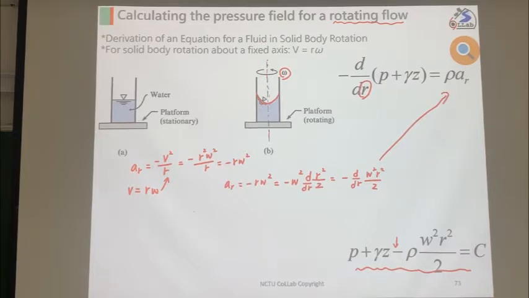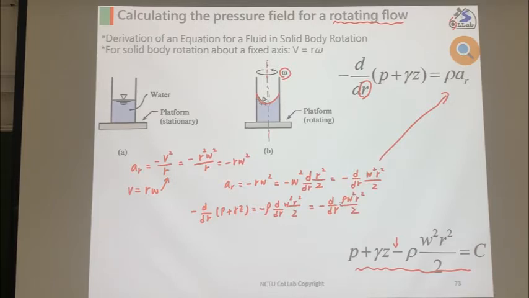So we can rewrite the Euler equation as dr of P plus gamma Z, and the right hand side is minus rho dr omega squared R squared divided by 2. And we also say the flow is incompressible, so rho can be put inside. So minus dr rho omega squared R squared divided by 2.